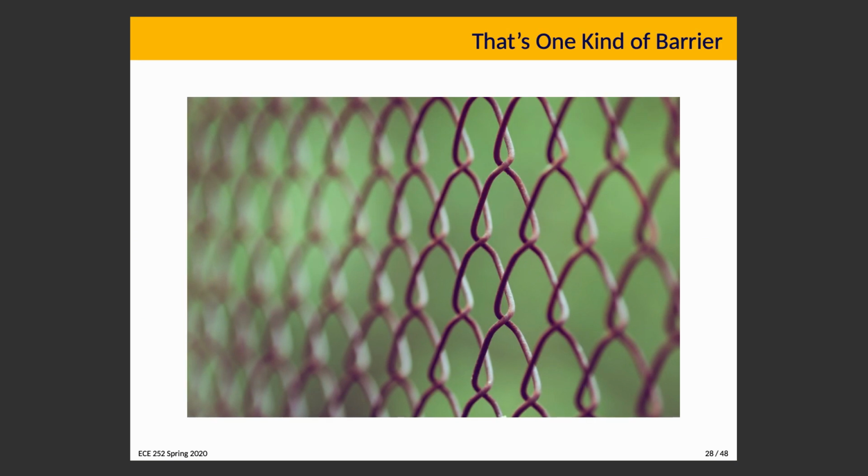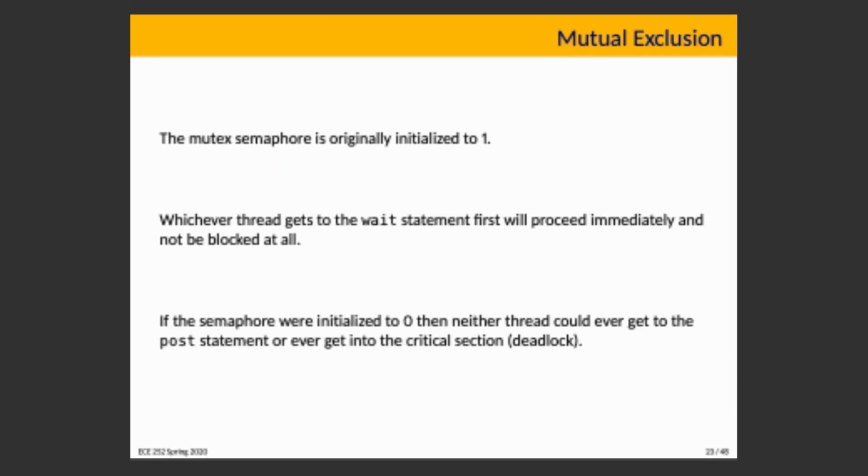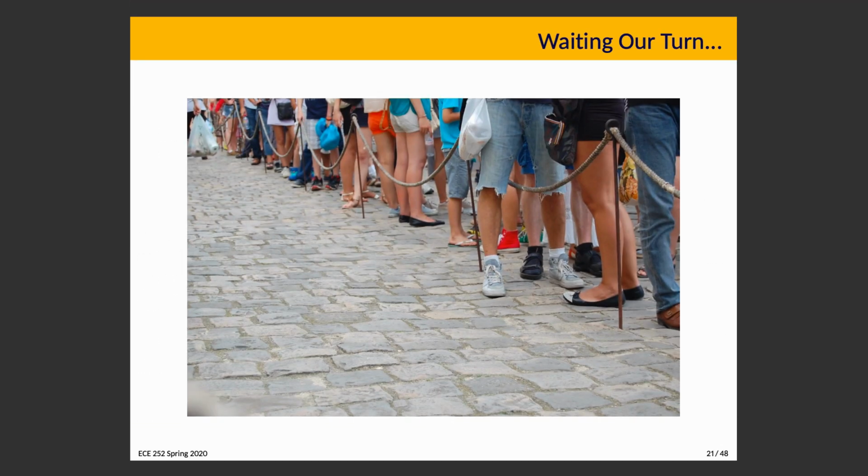Okay, so I hope you were thinking in the meantime about what to do about a symmetric solution for the barrier problem. If you like, maybe take a few seconds to consider how you would make that solution symmetric. The barrier problem is the same as the rendezvous problem, I should say.